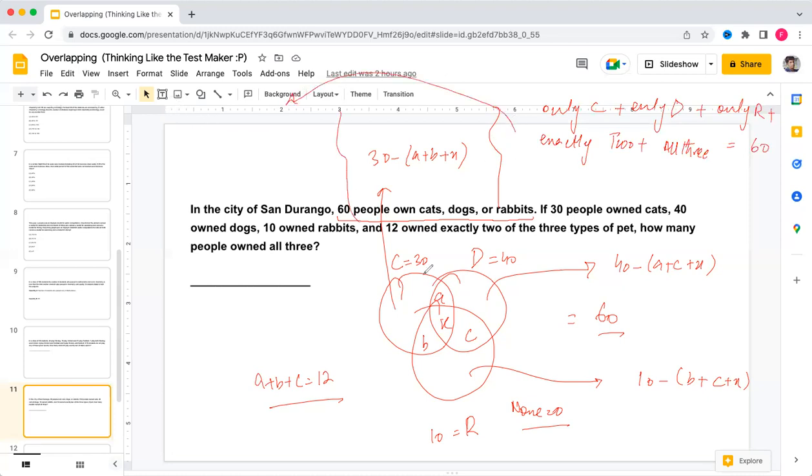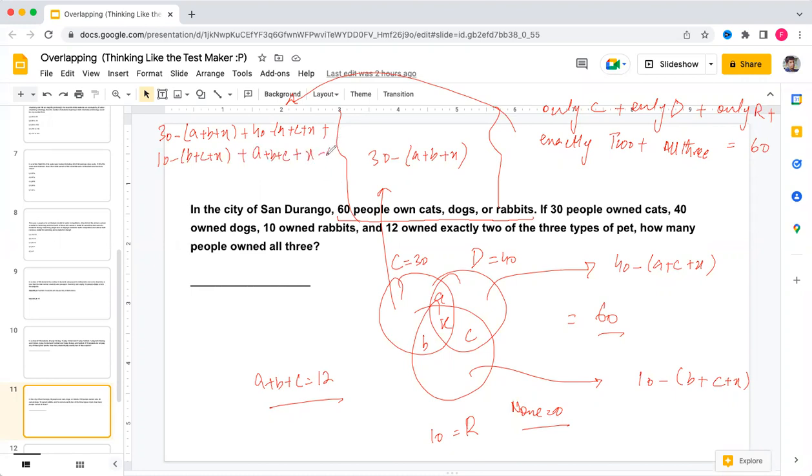Only cat will be equal to 30 minus (A plus B plus X). Only dog will be 40 minus (A plus C plus X). And only rabbit will be equal to 10 minus (B plus C plus X). And exactly 2 will be A plus B plus C. And exactly 3 will be X.